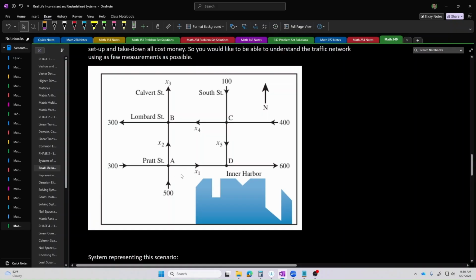At every single intersection in the network, all the traffic that comes into that intersection eventually has to leave that intersection. So the total amount of traffic coming into any point of intersection must equal the total amount of traffic leaving and coming out of any intersection.